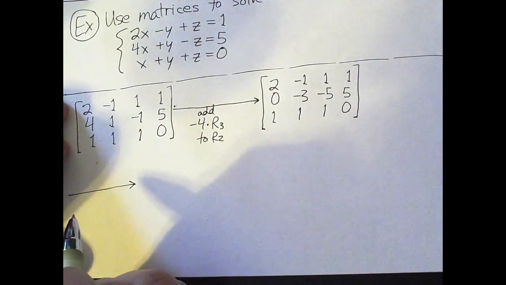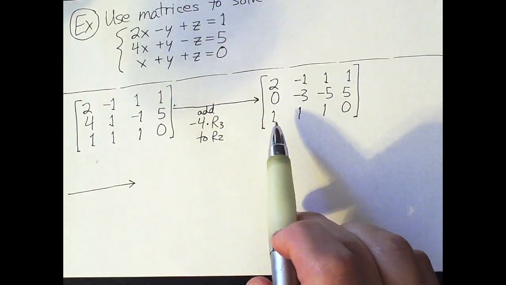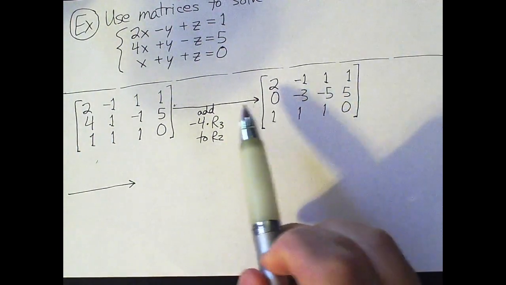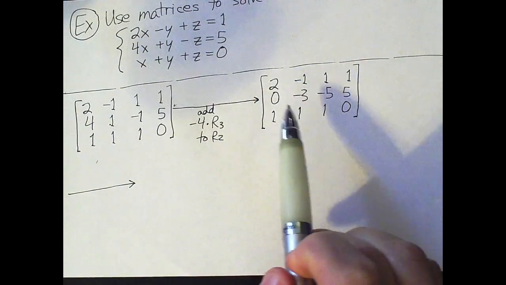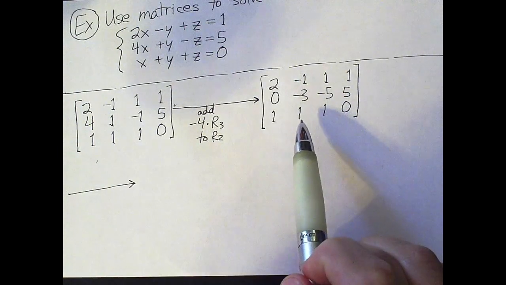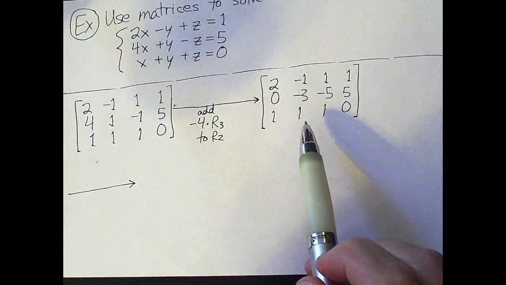So, next up, can we get rid of this 1 down here? It's a little tricky, though, because we would have to do negative a half of row 1. And then what's going to happen to these other entries? They're going to become fractions, which is okay. I mean, a matrix can have fractions in it.